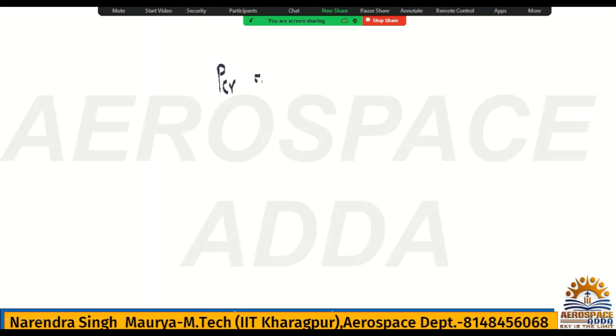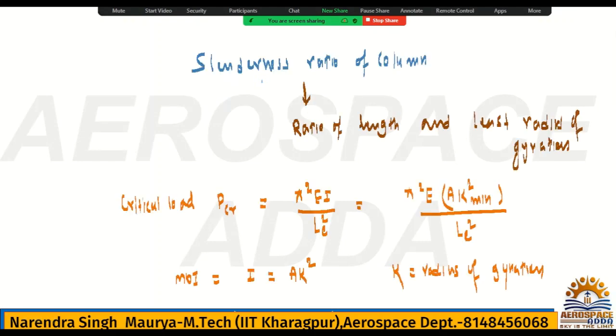Sir, LE is the least radius of gyration? No, LE is the equivalent length. LE is the equivalent length, or sometimes it is also called the effective length. Here I am writing equivalent length.